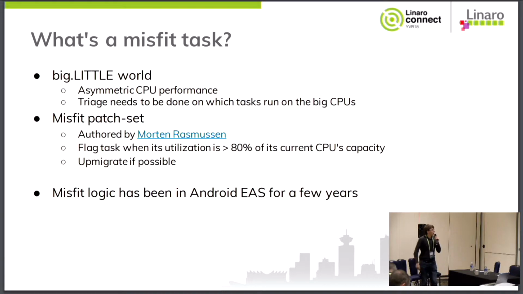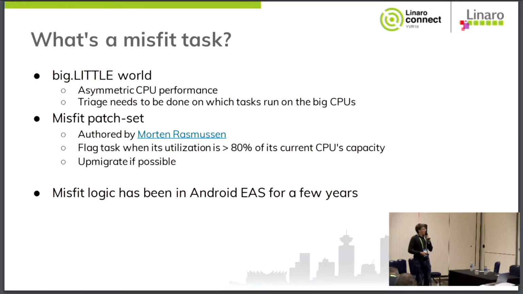Right, so an example I'm going to use is the misfit patch set. So yeah, Vincent has talked about it, so I'll still give a very quick introduction. In big.LITTLE, you have asymmetric CPU performance, and so you need some sort of policy to decide what runs on the bigs.